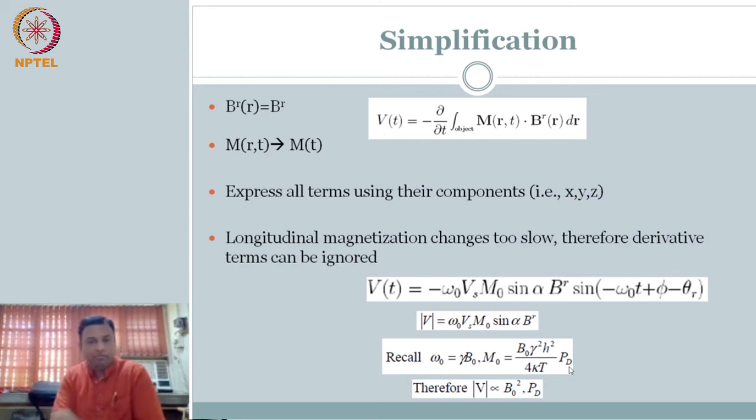My volume is the same, my proton density is the same. But if I increase the field strength, my signal strength goes up. Therefore, if my signal strength goes up, I can get better quality signals, right? Of course, we haven't talked about noise yet, we'll come back. But at least we are increasing the signal. But we are not increasing linearly, we are increasing it non-linearly.